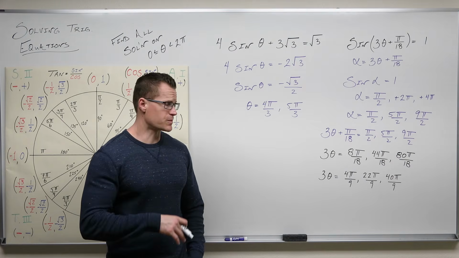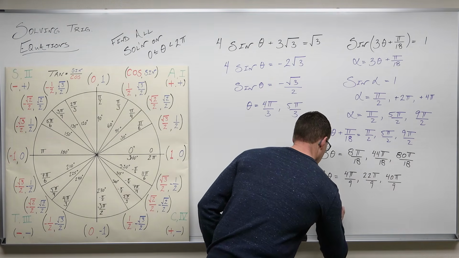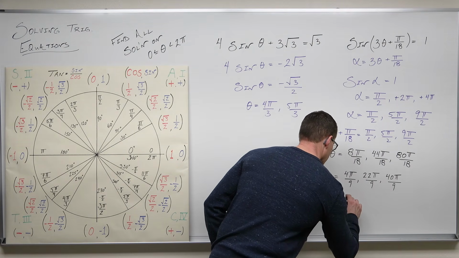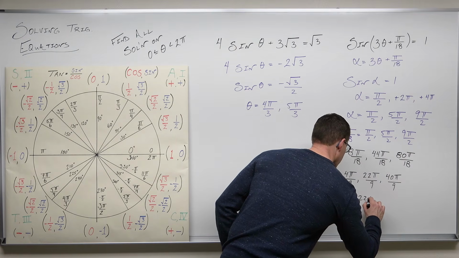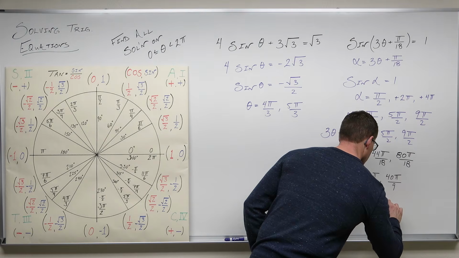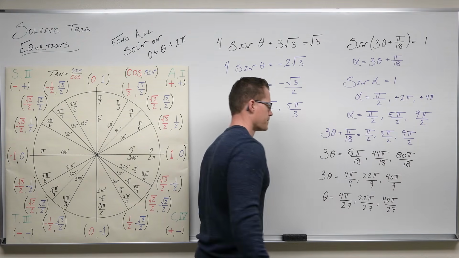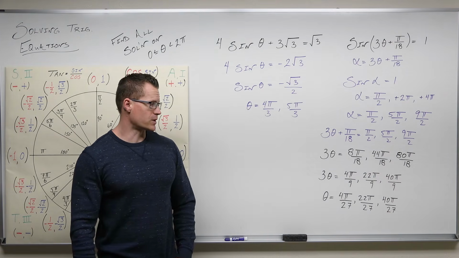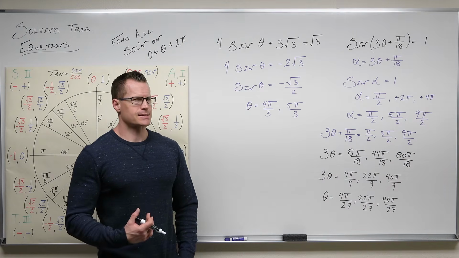So multiply our denominators by 3. That's going to be all over a denominator of 27. So 4 pi over 27, 27 pi over 27, 40 pi over 27, and that's it.